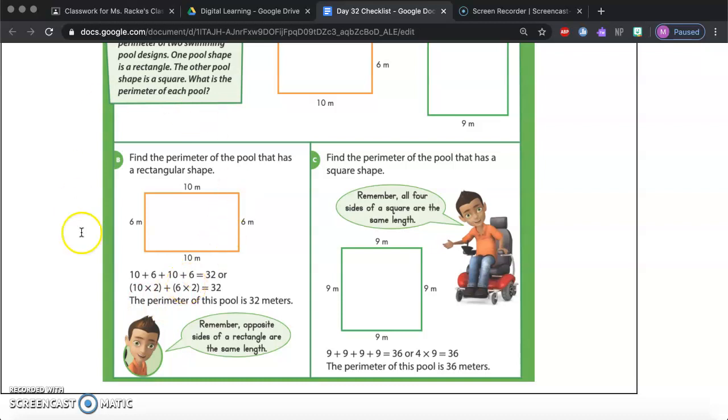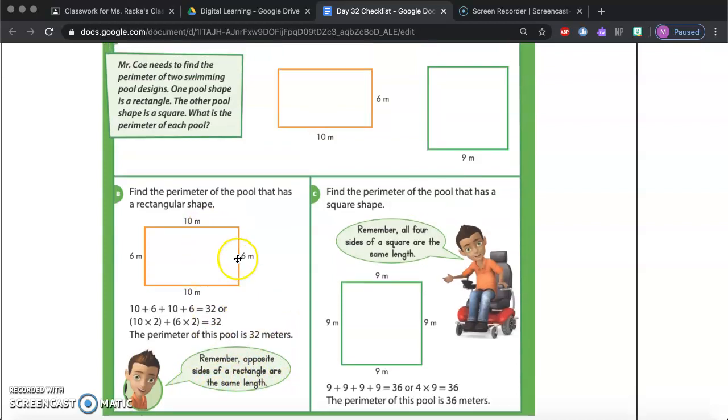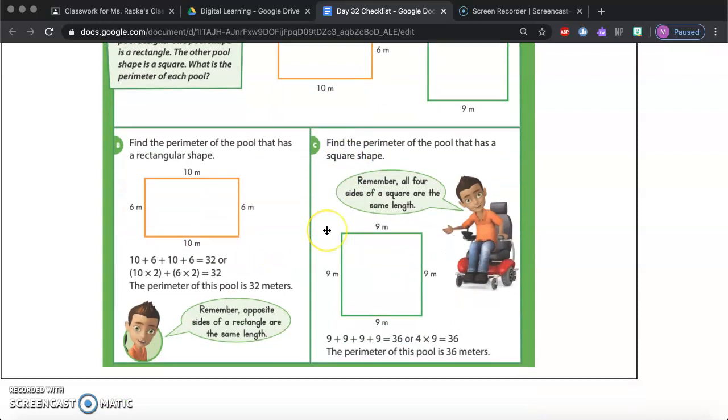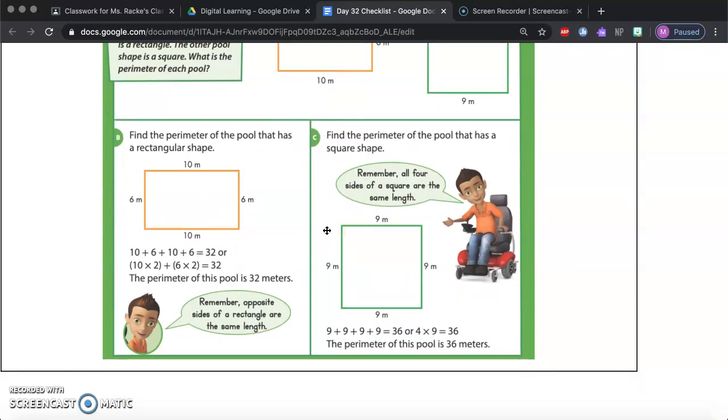So the perimeter of this rectangular pool is 32 meters, and we need to know the opposite sides of a rectangle are the same length to help us, because our original only told us that this side was 10 and this side was 6. But what we know about rectangles can help us figure out the side length of the other sides.